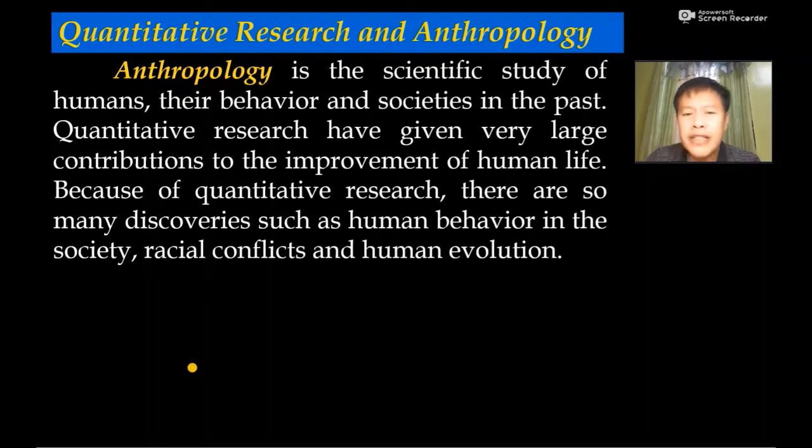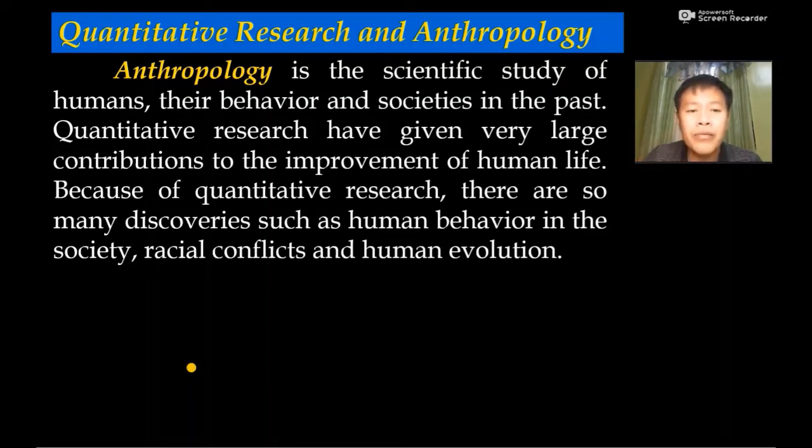And quantitative research has given a huge contribution to the improvement of human life. Because without quantitative research, we cannot understand our origins. Where did humans originate? What are the theories that explain the evolution of humankind?